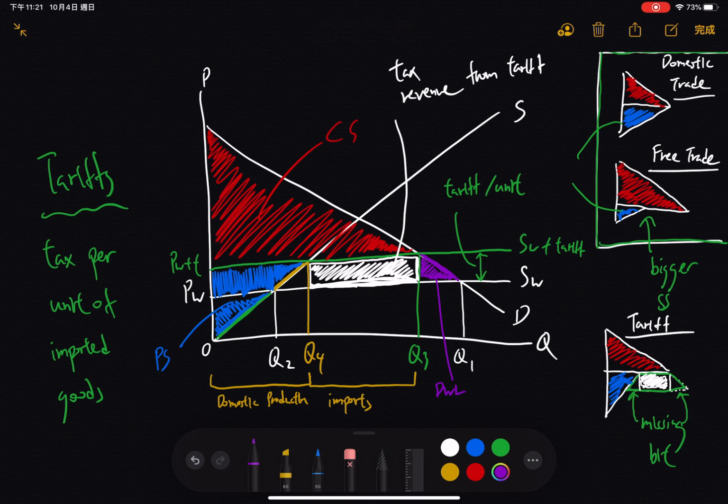When you have free trade, you could enjoy more quantity of the goods with lower price. But now, because of the tariff, you cannot do that anymore. So when you look at efficiency, you are losing efficiency, because you could have enjoyed more goods, but now you cannot because of the tariff.